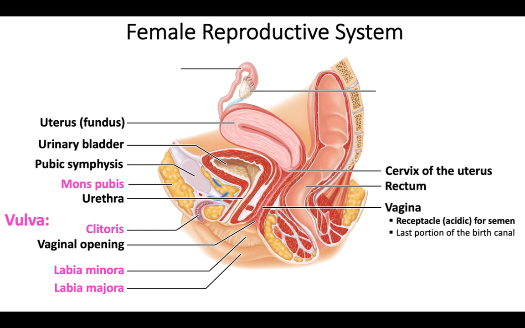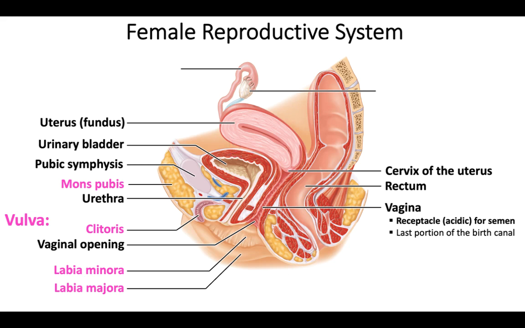So then we see the uterus. The opening to the uterus is in the cervix. So cervix means neck. So this is kind of the neck area of the uterus. This rounded portion here is the fundus of the uterus. And we'll take a closer look at the layers of the uterus and a little more anatomy in an upcoming picture.